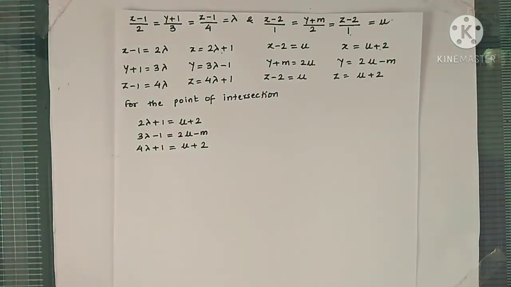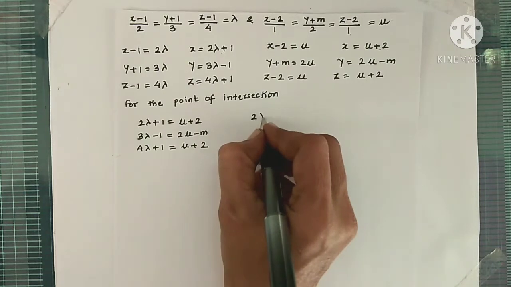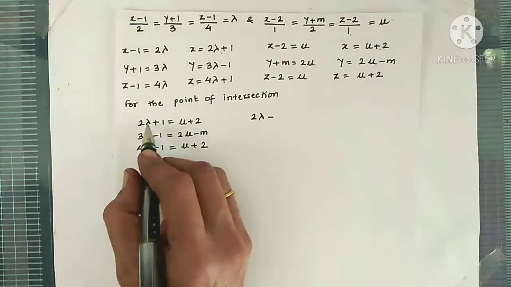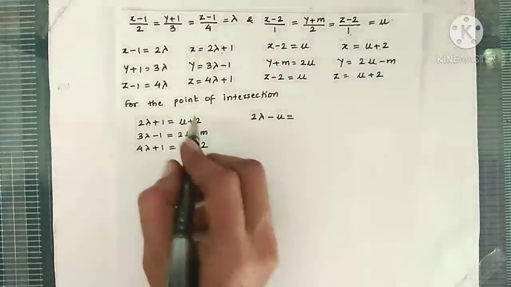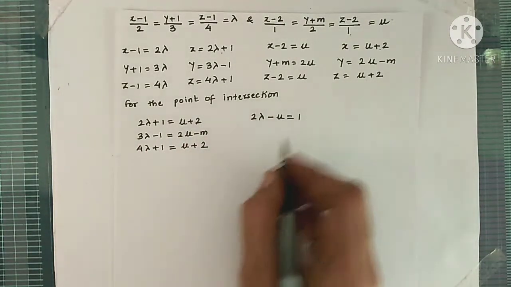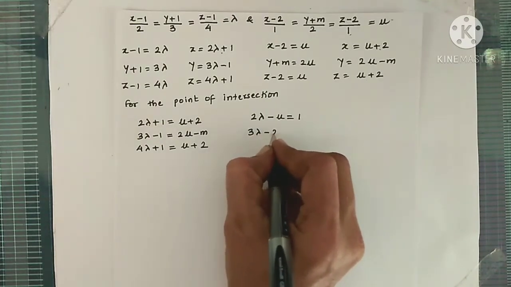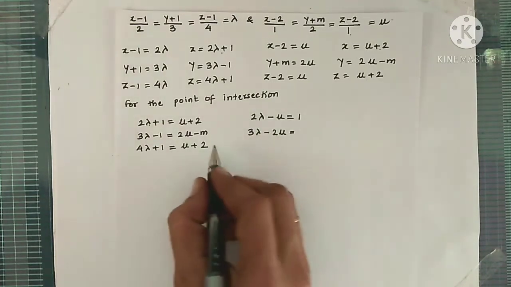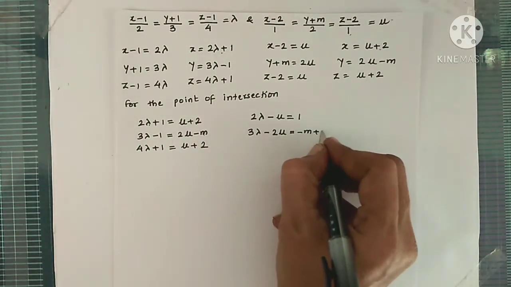So to find the value of m, here we have 3 equations and 3 unknowns. So first of all, let's write the equations in terms of lambda and mu. So it is 2 lambda minus mu equal to 2 minus 1, that is 1. Now the second equation becomes 3 lambda minus 2 mu equal to minus m plus 1.